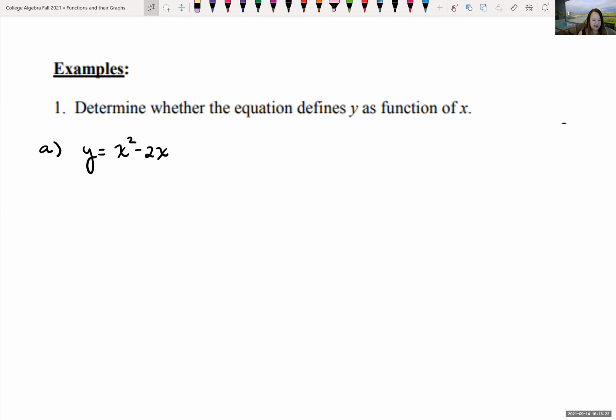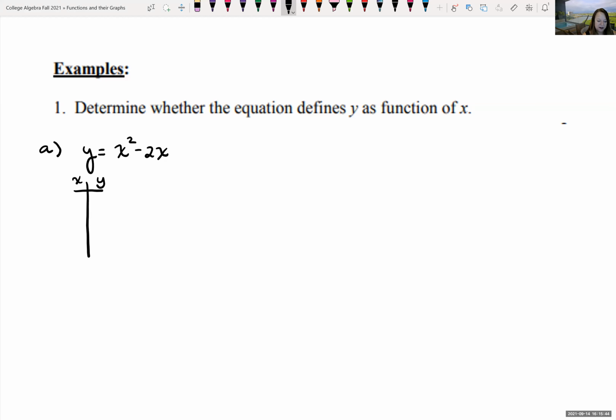So we want to see if for every X value, is that giving us back one Y value or more than one Y value? If it's only going to give us back one value for every X, then it's a function. And a way that we can start doing this is actually just starting to find points and see if it looks like we're going to get back more than 1 point for every X.